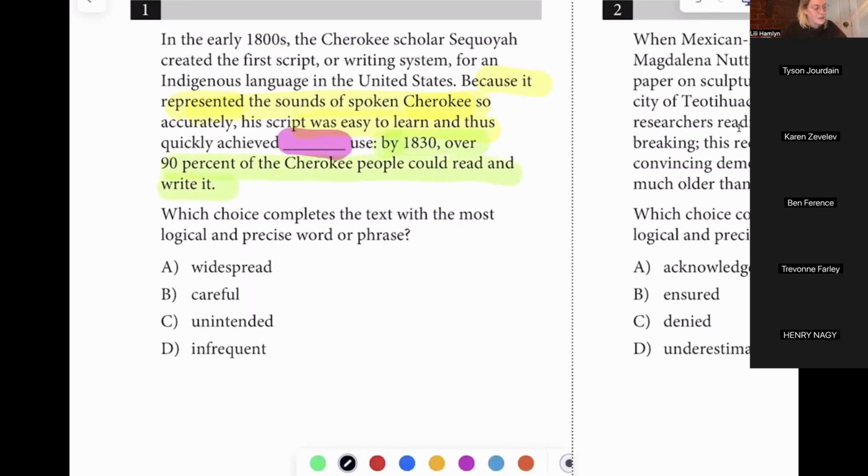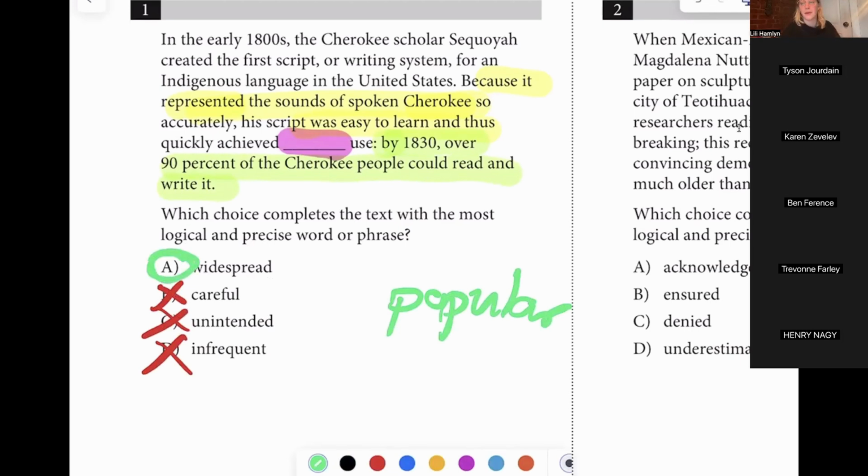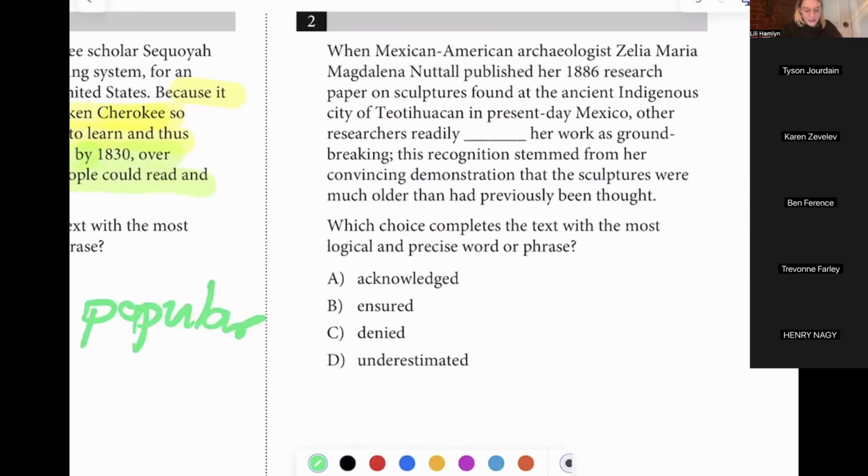So I would say it would be something like popular use, and then obviously we would get rid of infrequent because that's the opposite, unintended, careful. And so here, as lots of you have got, the answer is A, widespread. Fantastic. Great.